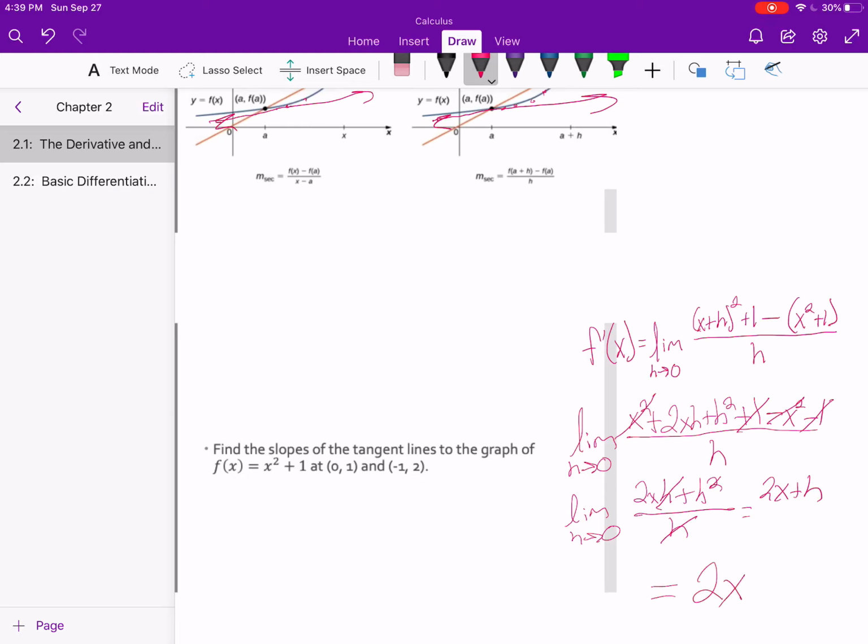So the derivative is 2x. To find the slope at a point, we just plug in our numbers. So at 0, 1, it's 2 times the x value, which is 0, and at negative 1, 2, it's 2 times negative 1, which is negative 2.